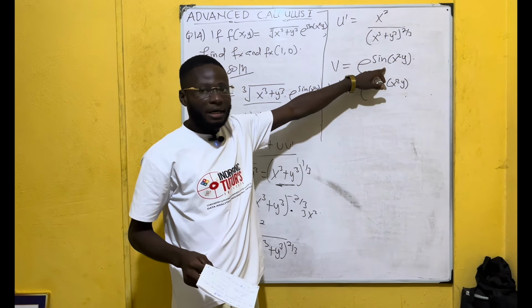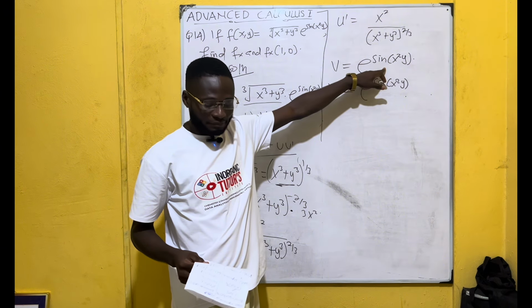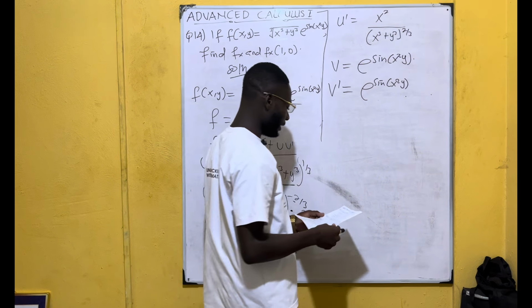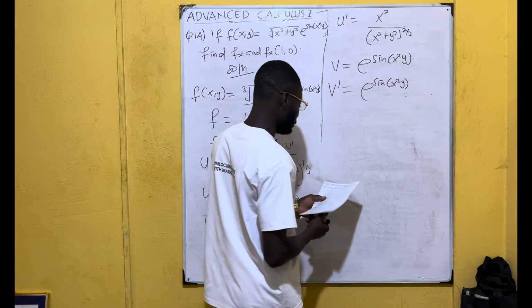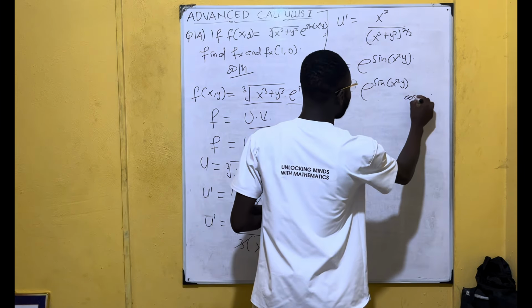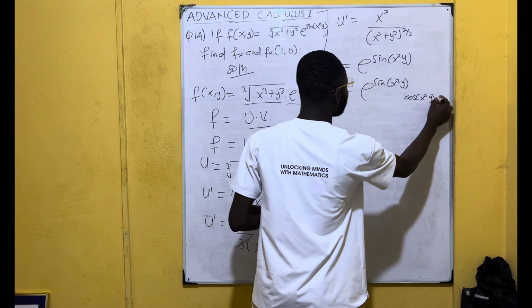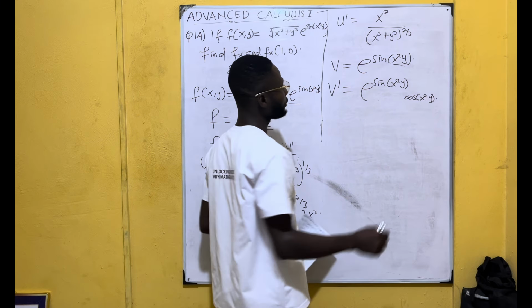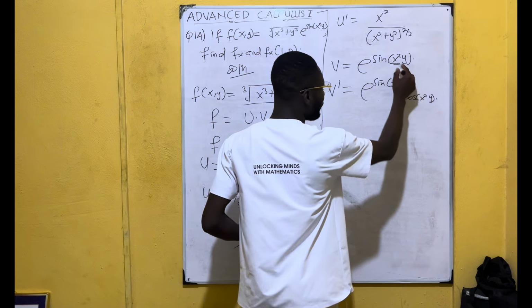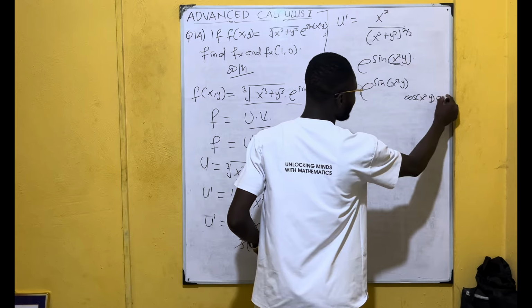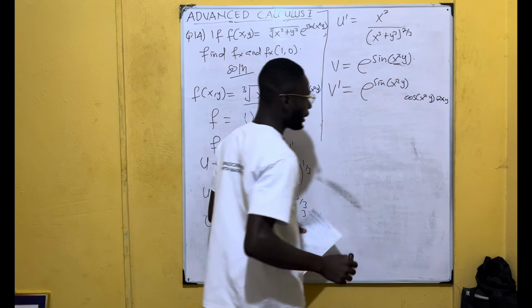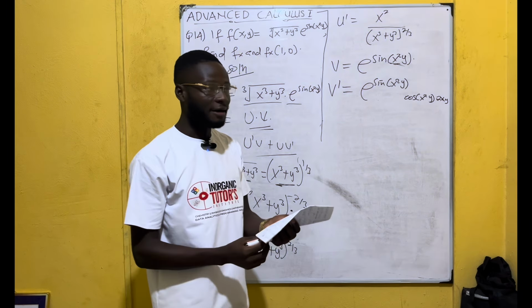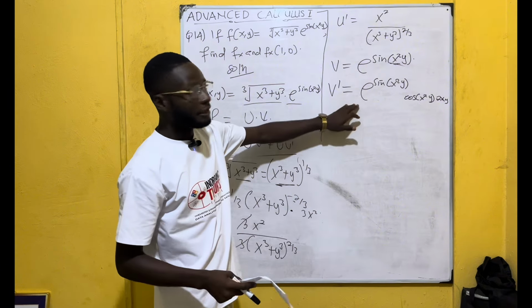Now remember, the derivative of sine is basically cos, right? So we have cos of the function, then we differentiate the inner function using implicit differentiation, and that will give us, with respect to x, 2xy. Okay, so that is what we are going to have for the v prime.